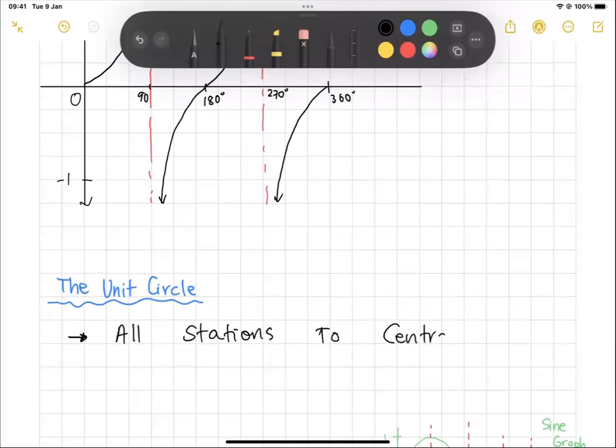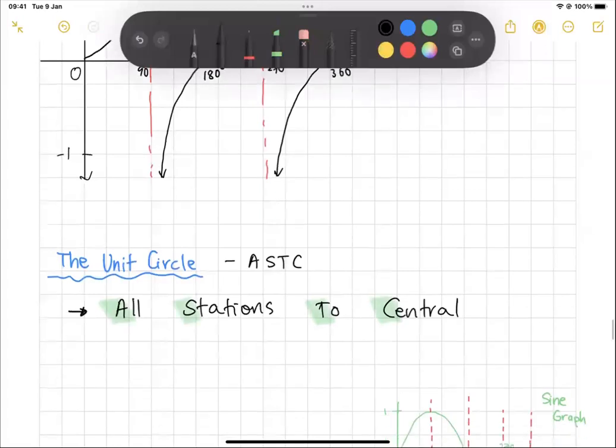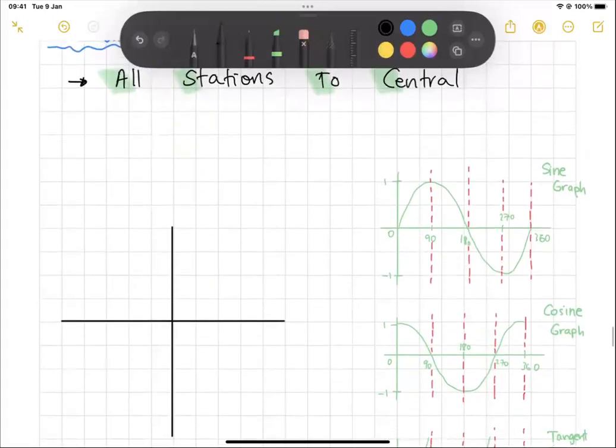It has to refer to something in Australia. We're going to look at the capital letters. These will help us to remember what we need. Okay, ASTC.